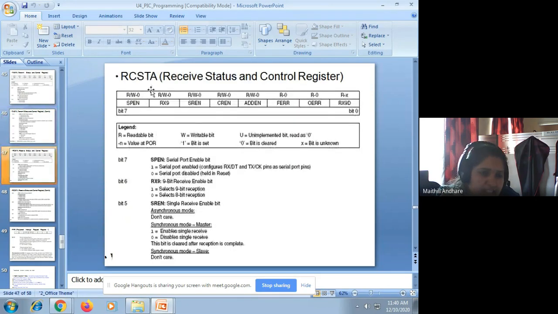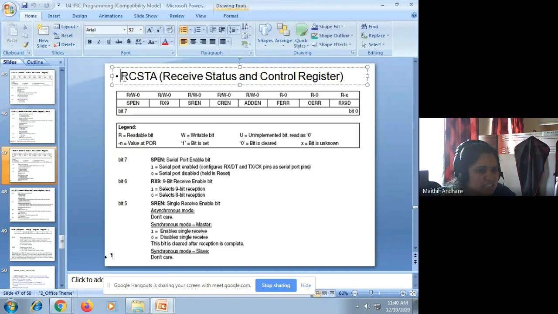But for showing the status of reception or controlling the receiving action, the RCSTA register is available. TX for transmission, RC for reception, whereas in 8051, TX and RX bits are available.